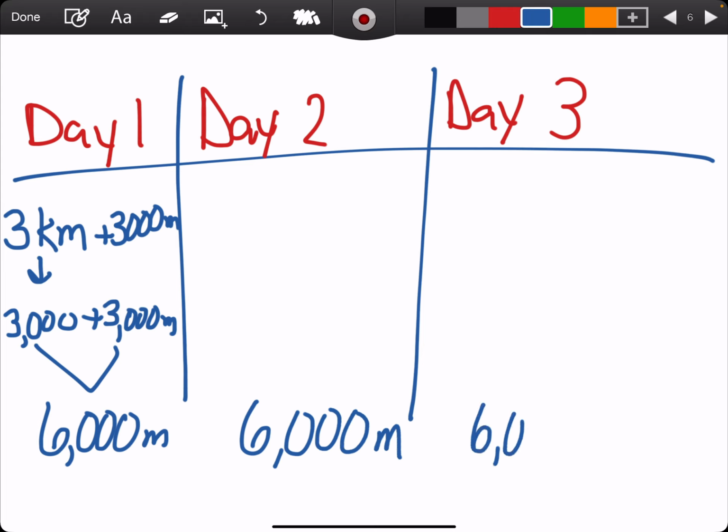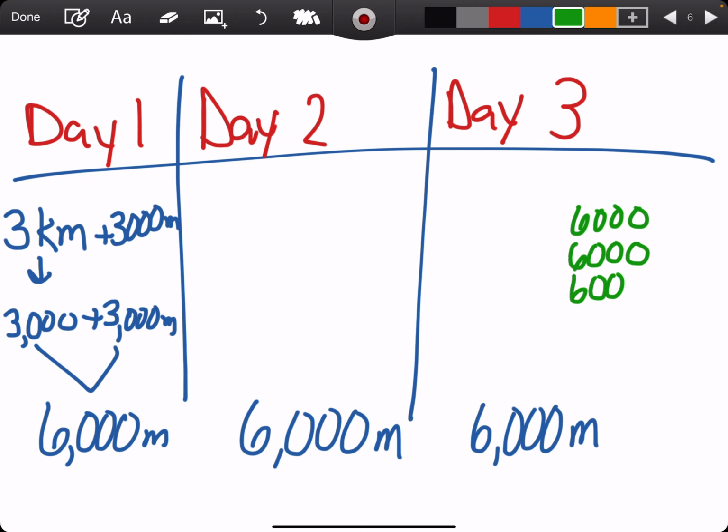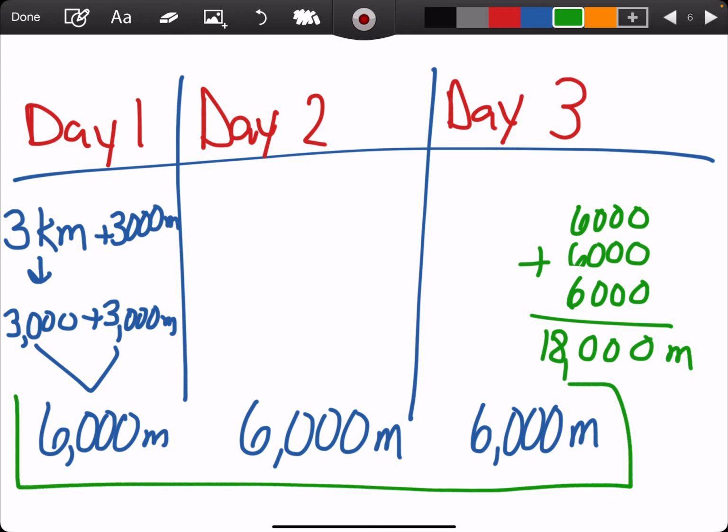And day 3 would be another 6,000 meters. So in all, 6,000 plus 6,000 plus 6,000. That is 6, 12, 18. 18,000 meters. And really what I did here was I made a tape diagram. I just like to show my work in charts, but you can do it however you want.